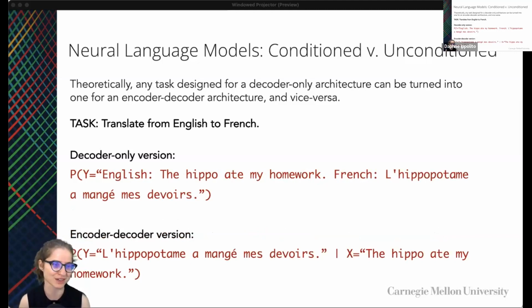So I have a terrible French accent. You could just compute the probability over that entire sequence, or you could turn it into an encoder-decoder conditioned system where you have the probability of the French sentence given the English sentence. So for machine translation, it makes more sense to have this conditioned encoder-decoder model, but you can frame it as a decoder-only version.